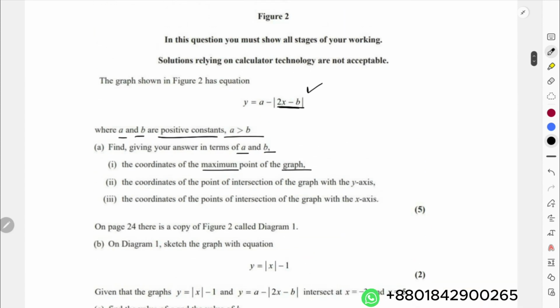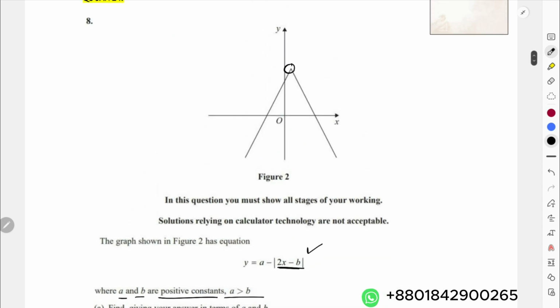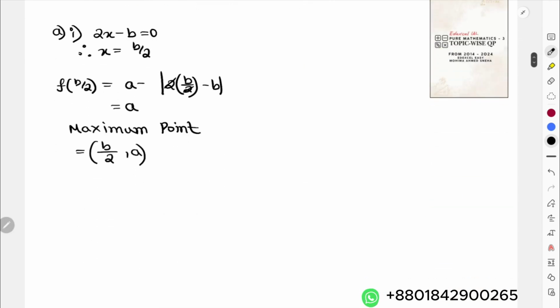So for this, it's going to be b by 2 and a. Then again, after this, we get how much? The coordinate of the point of intersection of the graph with y-axis. At y-axis, we know your graph is always going to intersect where the x coordinate is going to be 0.